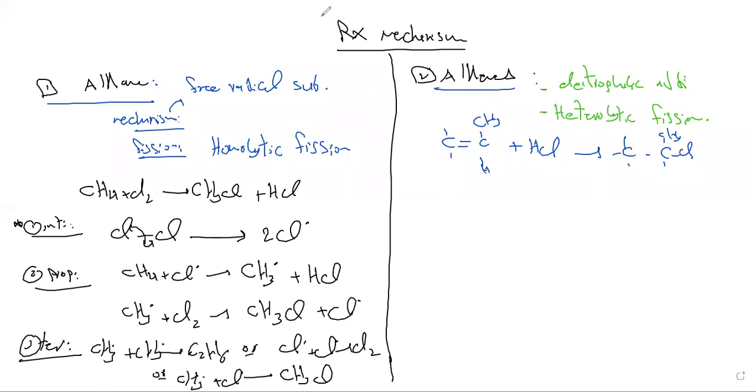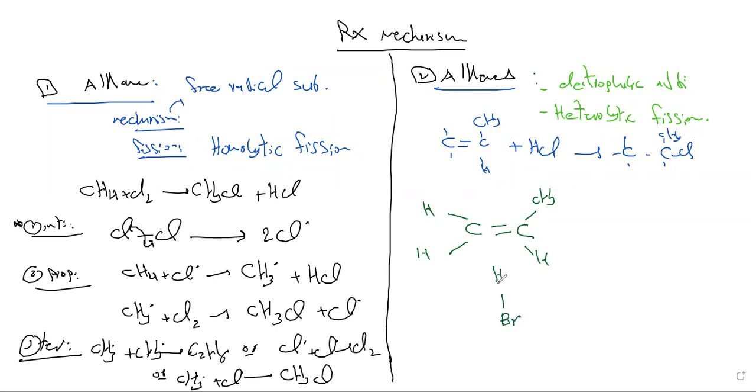And then we need to write the mechanism of the reaction. C double bond C, and then CH3, H, H, H, reacting with HCl.